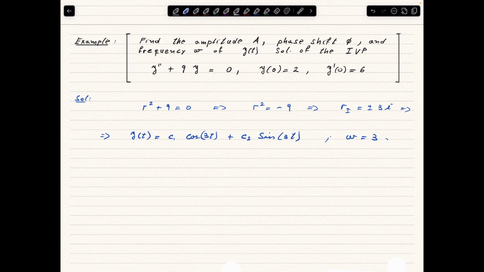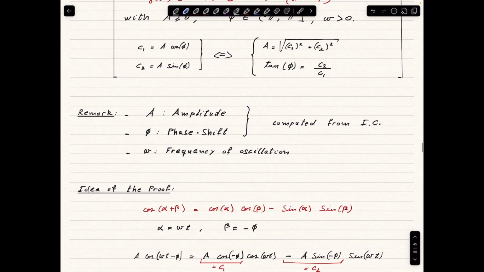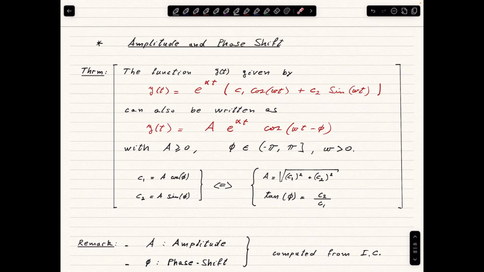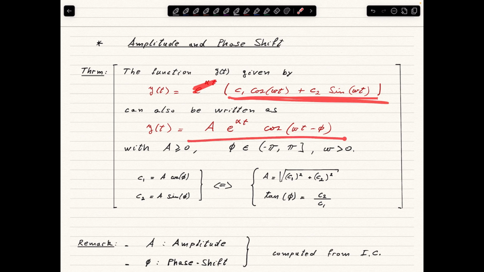Alright, but we just said that this is the way we write the solution of the spring when we don't have any friction. But now the theorem says there is an equivalent expression which is given by this formula, no exponential in our case, amplitude cosine.